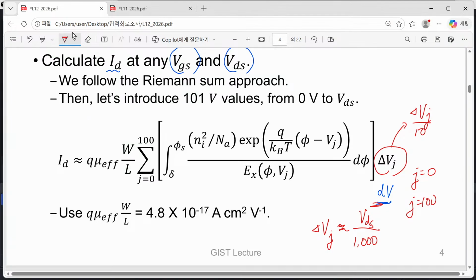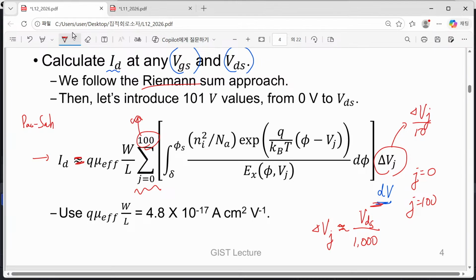So at this stage, I'm saying that the Pao-Sah integral is really a double integral, but one of those integrals can be converted into just a simple summation. So this is a Riemann sum approximation. Of course, to have real equality, we have to increase the number of bins to infinity.